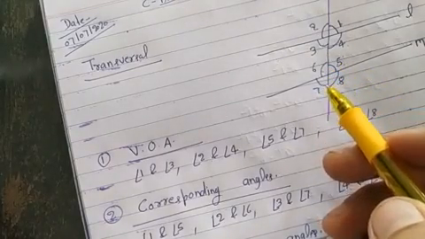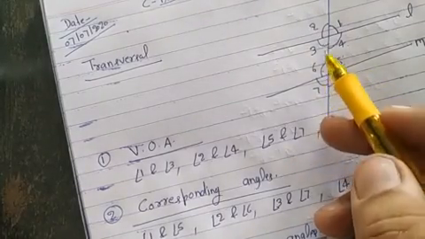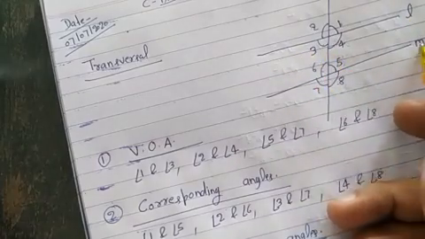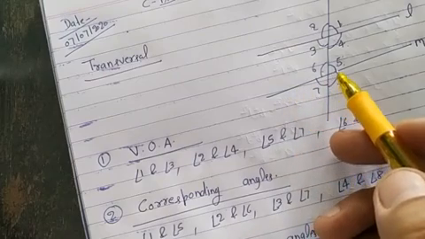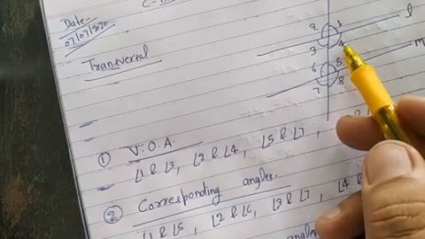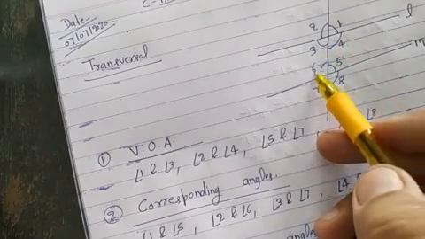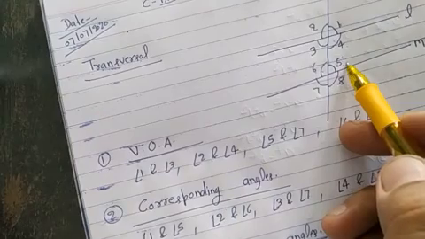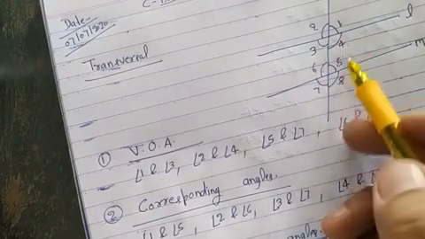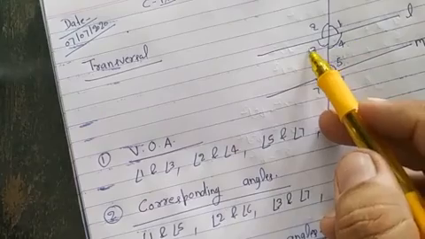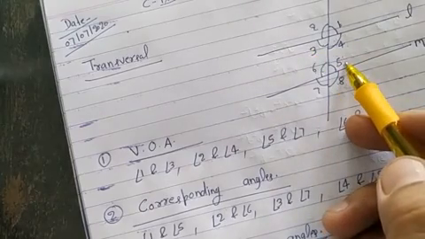First of all, look for the interior angles. This is the line L, this is the line M, and on the interior side there are 4 angles: angle 4, 3, 6, 5. These 4 angles. And in these 4 interior angles, angle 3 and angle 5 are alternate.